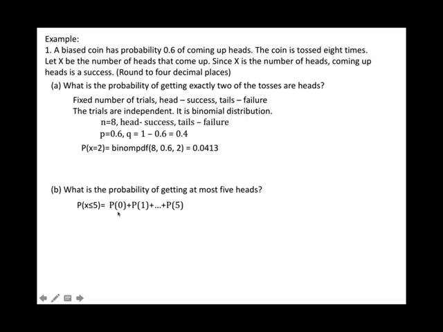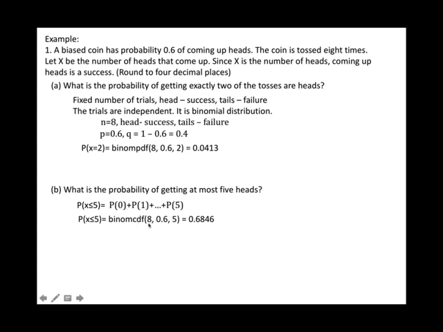And now you could see we want to calculate the probability cumulative from 0 to 5. So we need to use the binomial CDF.